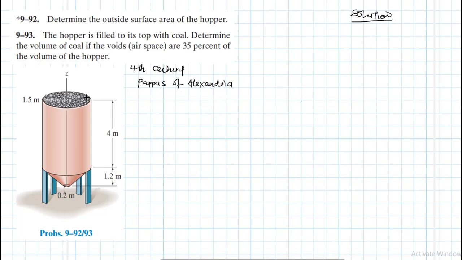In the 4th century, Pappus developed this method for computing surface areas and volumes of any object. It didn't matter what function defined the surface, as long as it was an object governed by a definable function, then this formula applies.